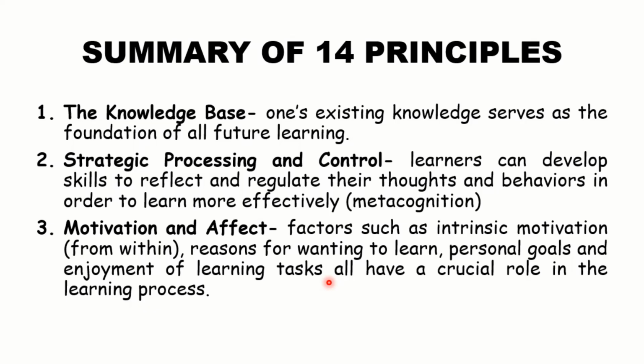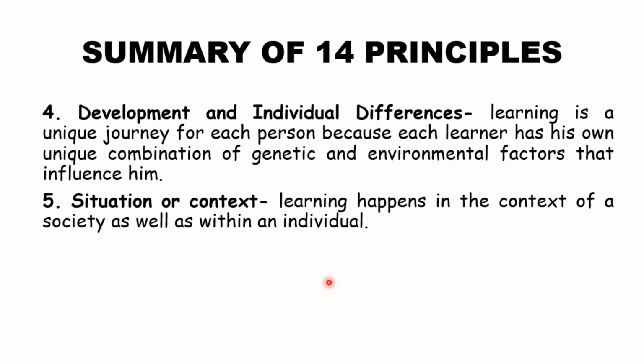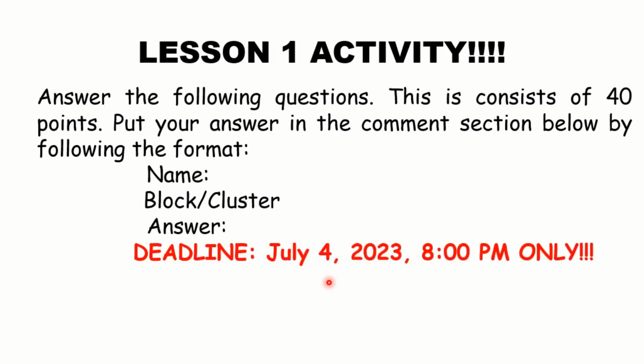We talk also about the motivation and affect, and also the development and individual differences, and we have the situation or context. So that's all for tonight's discussion. We've talked only about the LCP, or what we call the learner-centered psychological principles. We have 14 psychological principles, and we sum them up and distill them into five areas.